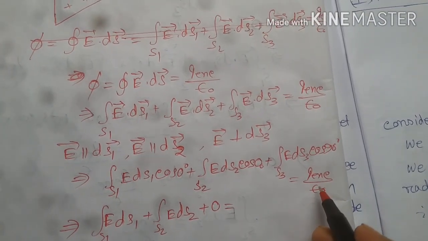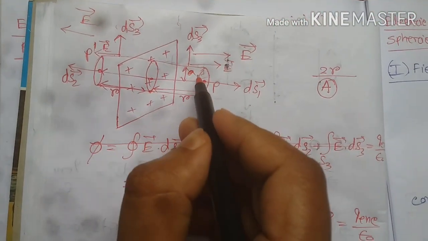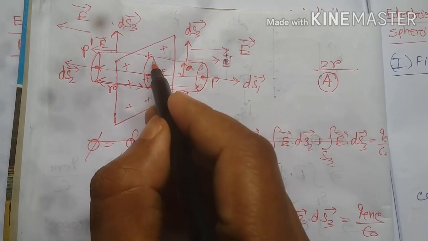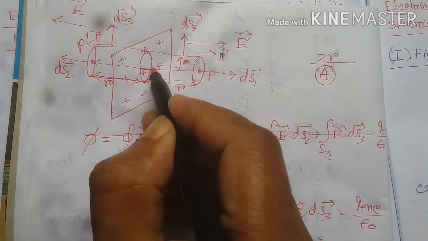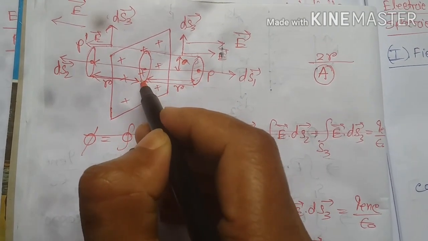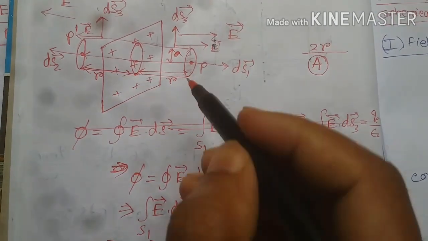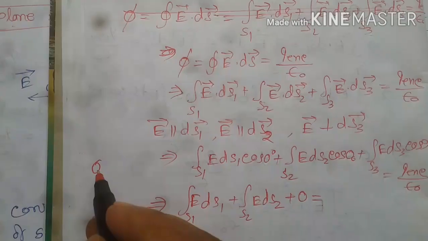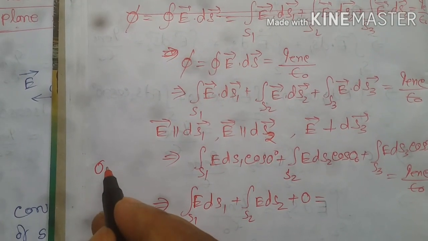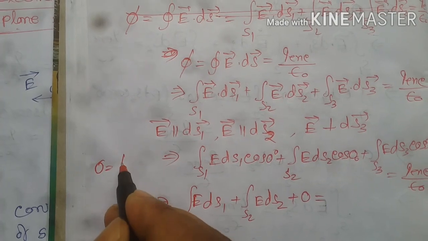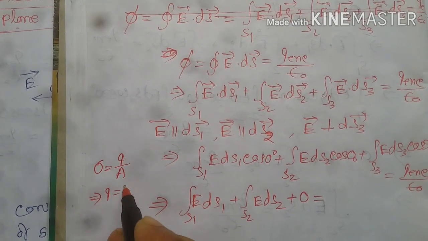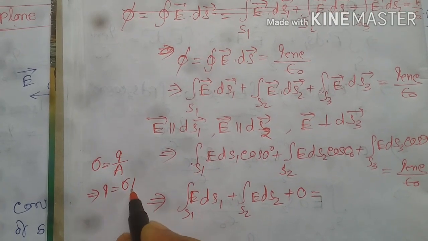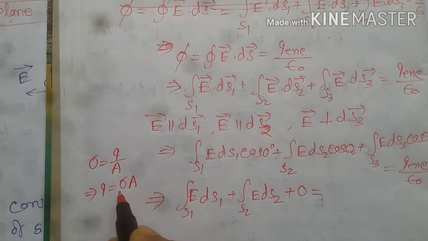And what is the charge enclosed by this cylinder? The charge enclosed by this cylinder is only the charge in that portion, so we have to consider the charge on this cross section area of the cylinder. So what will be the charge on that cross section? We know the surface charge density of a surface, sigma, equals total charge divided by area. So total charge equals cross section area times the surface charge density.